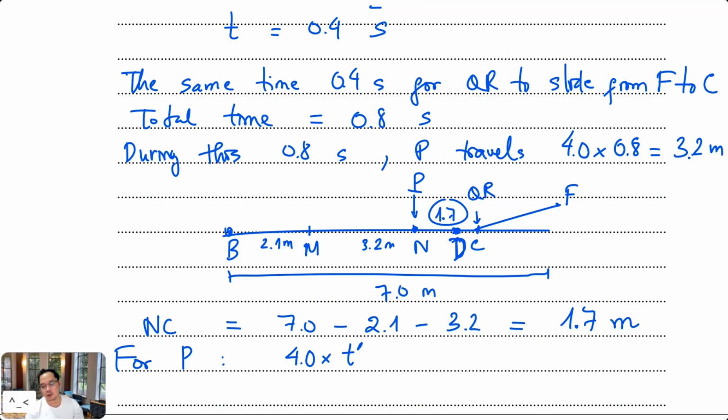And for the particle QR system, they are moving in the opposite direction with the same speed, which is 2 meters per second, the speed at which they collide after the collision and go up the incline. The speed will be the same because there is no friction.